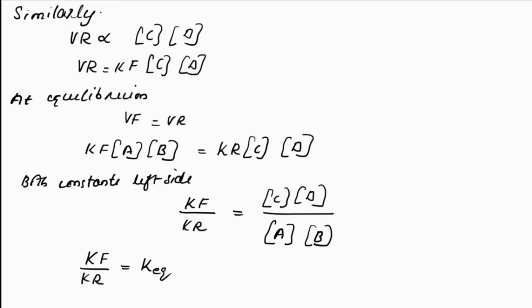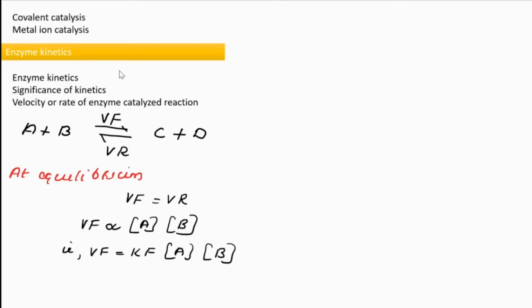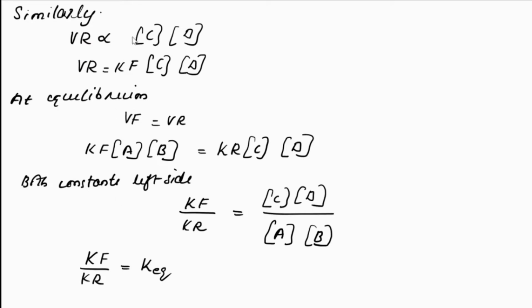Then here also we gave another constant instead of the directly proportional symbol. Here it is Kr, it's a mistake. This is Kr, not Kf. This Kf and Kr are called proportionality constants.